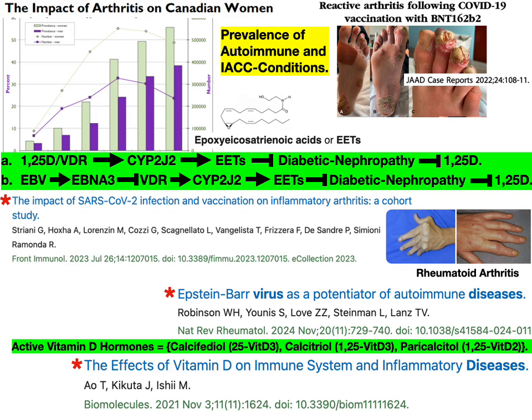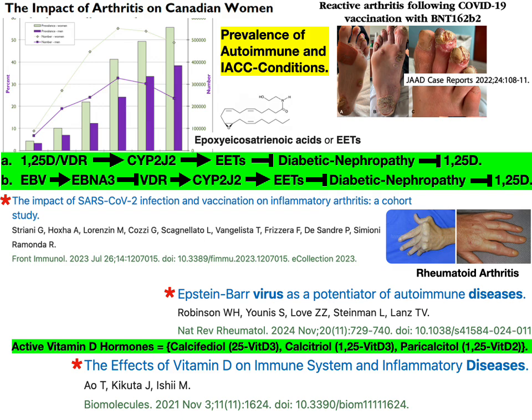This connects to the final reference on this slide, the effects of vitamin D on immune system and anti-inflammatory diseases. A sidebar comment. The use of this term, vitamin D, in the title is very confusing. Vitamin D, the metabolite produced in the human skin, is hormonally inactive.